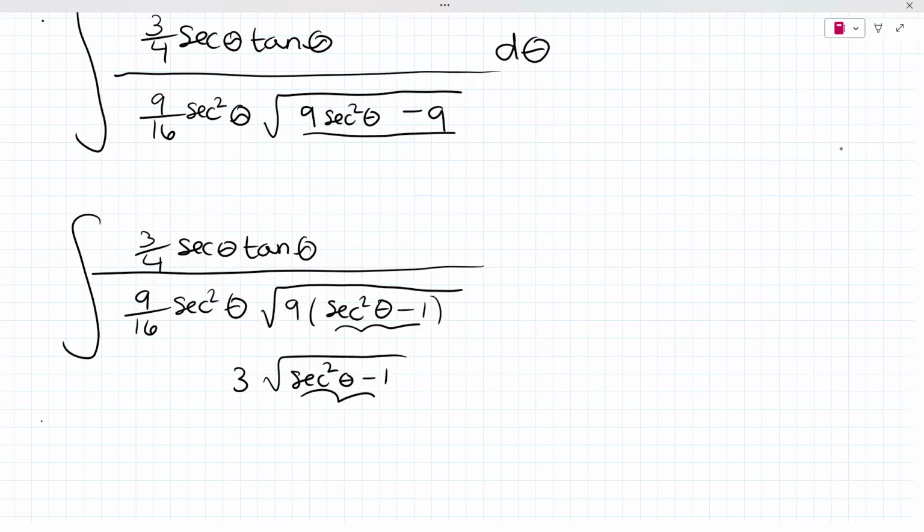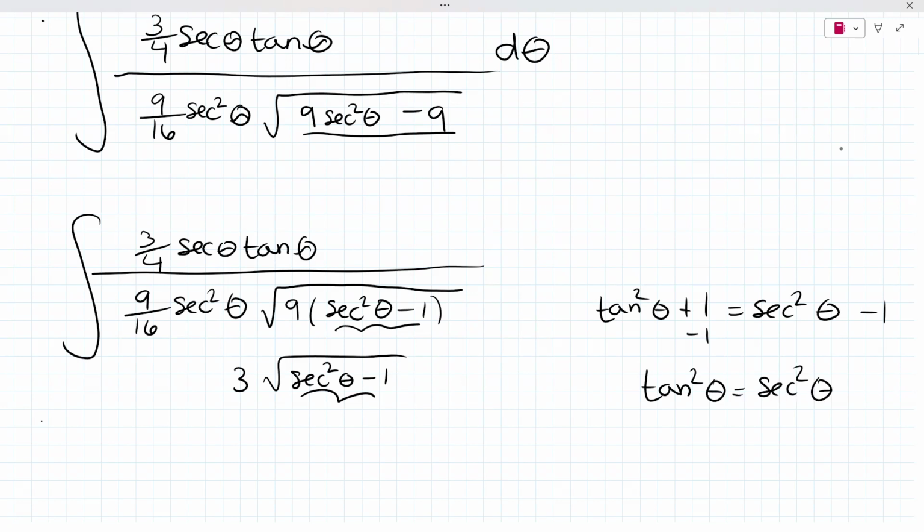So this is a Pythagorean identity. We know that tan squared theta plus 1 equals secant squared theta. And if we subtract 1 from both sides, we get tan squared theta equals secant squared theta minus 1. So you may replace this with tan squared theta. And we know that the square root of tan squared theta is just tan theta.